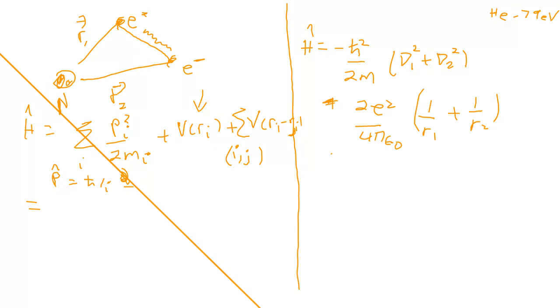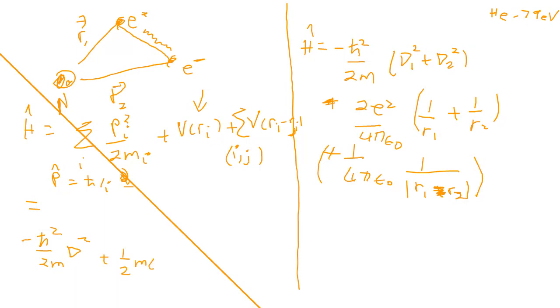So this will be given by plus 1 over 4 pi epsilon 0, 1 over the magnitude of r1 minus r2. Now, as I keep saying, if this term was not there, this would be similar to what I did in the first lecture: del squared plus half omega squared, say x squared plus y squared, in one dimension this was d over dx squared plus d over dy squared.